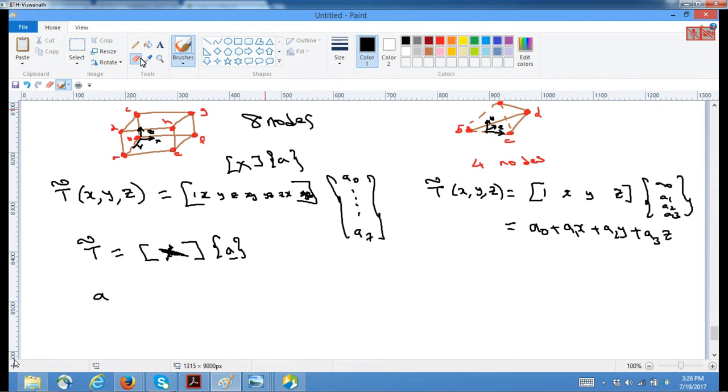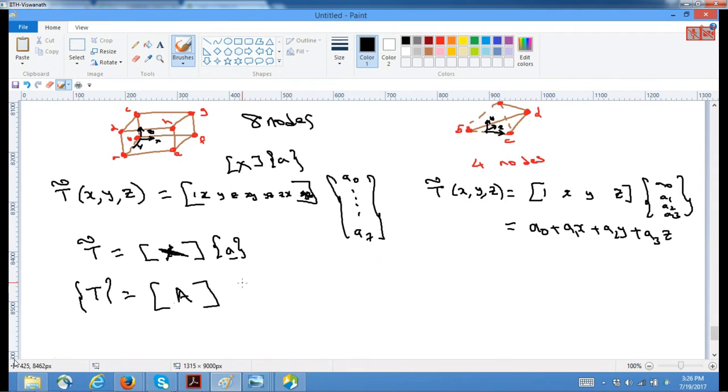Then I will get TA, TB, TC, something like that, which is at all the degrees of freedom. Then X is evaluated at all the places.